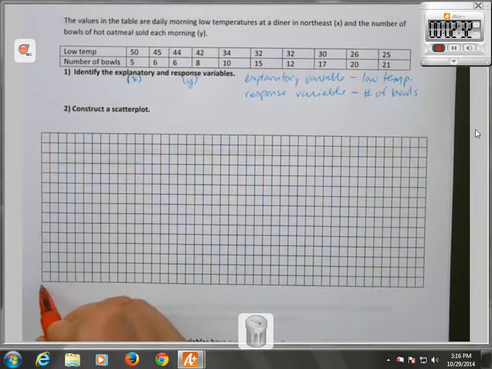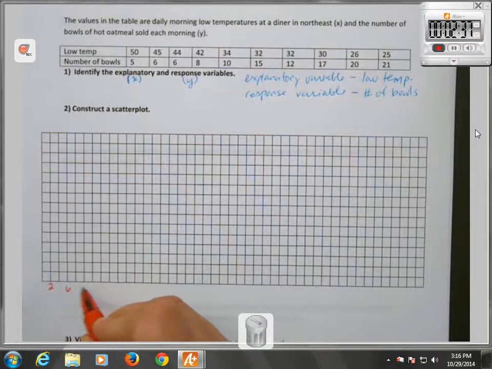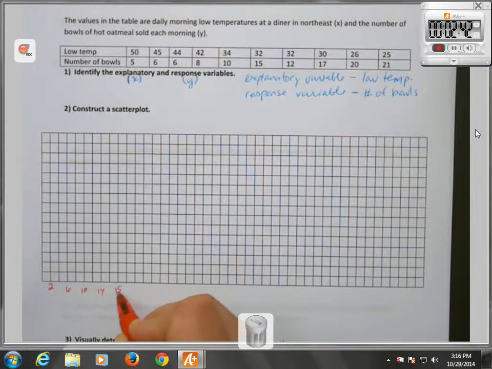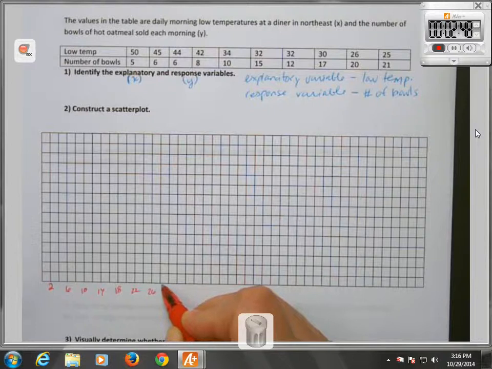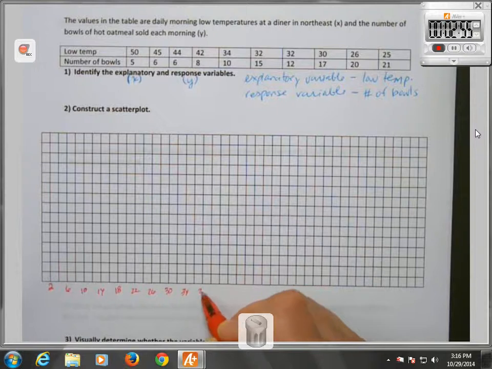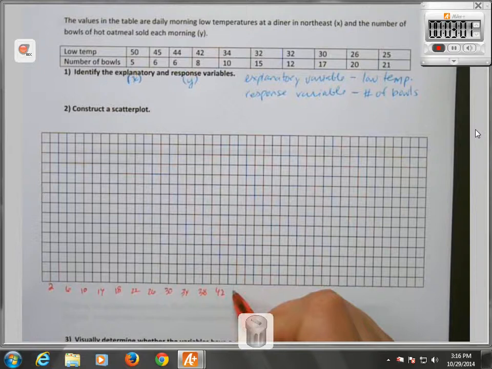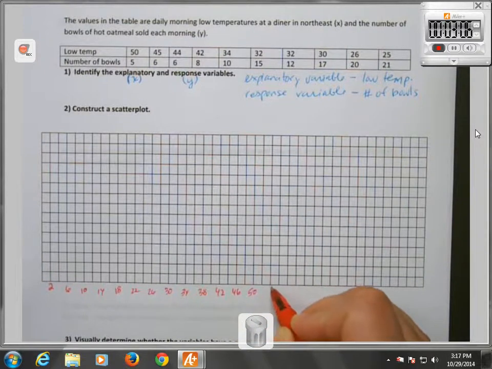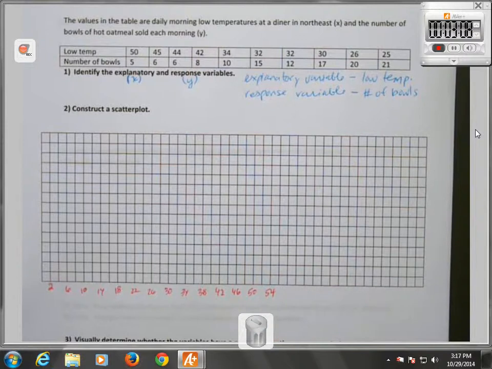We start with 0, then 2, 4, 6, and so on, up to 50, 52, 54. We don't have to go any further than the data.